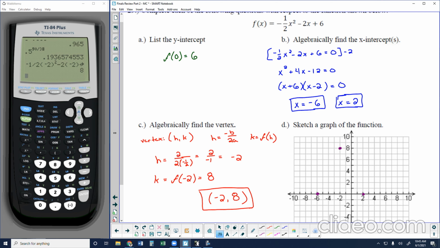I'm going to have a y-intercept of positive 6. I could sketch in here my axis of symmetry. It's not required. It doesn't necessarily ask for it, but we could put that in there. And then I would have some points to draw my parabola. You could also use your graphing calculator here to help you draw that parabola.